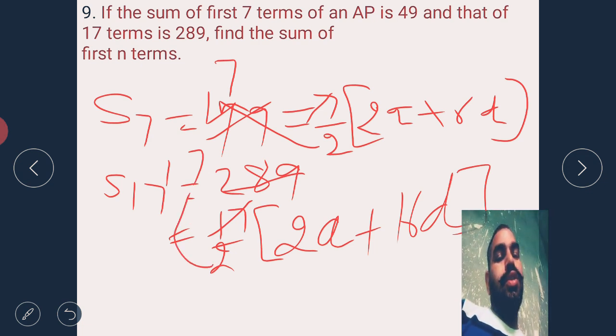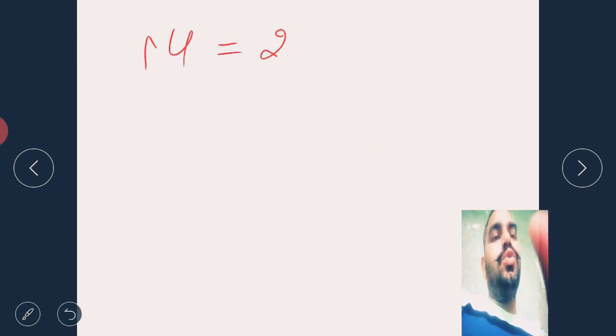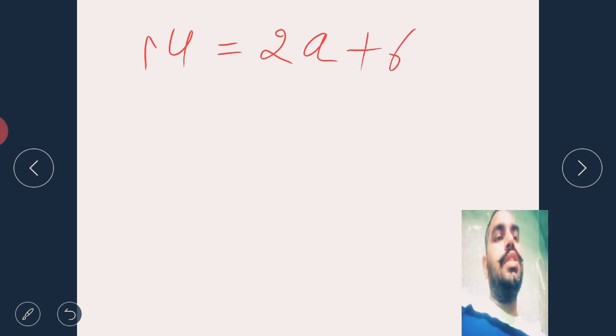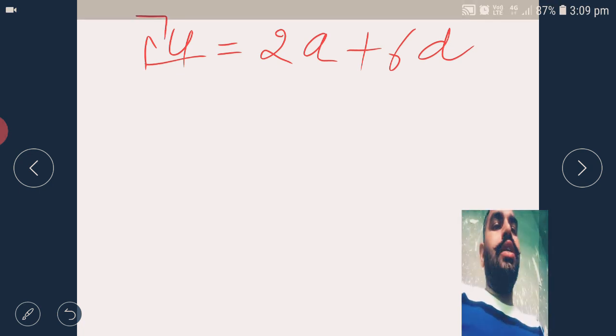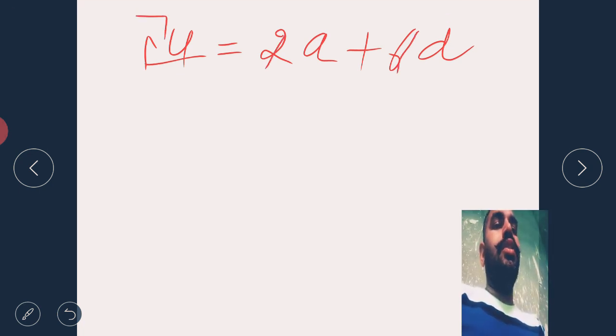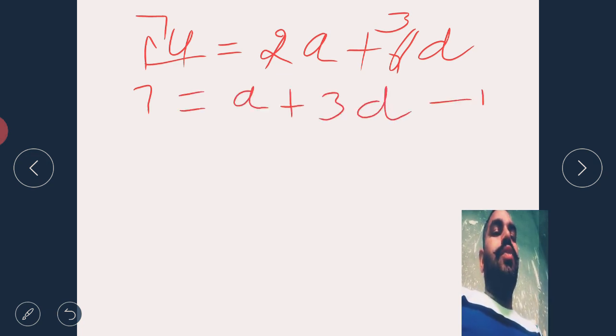So what you got? You got 14 is equal to 2a plus 6d, or you can take 2 as common, then 7 is here, 1 is here, and 3 is here. So 7 is equal to a plus 3d. This is equation number 1.